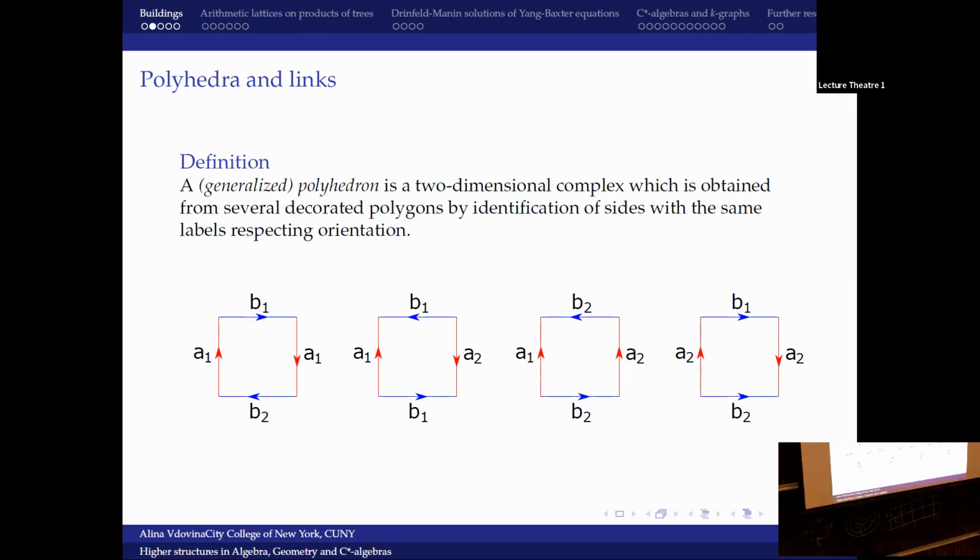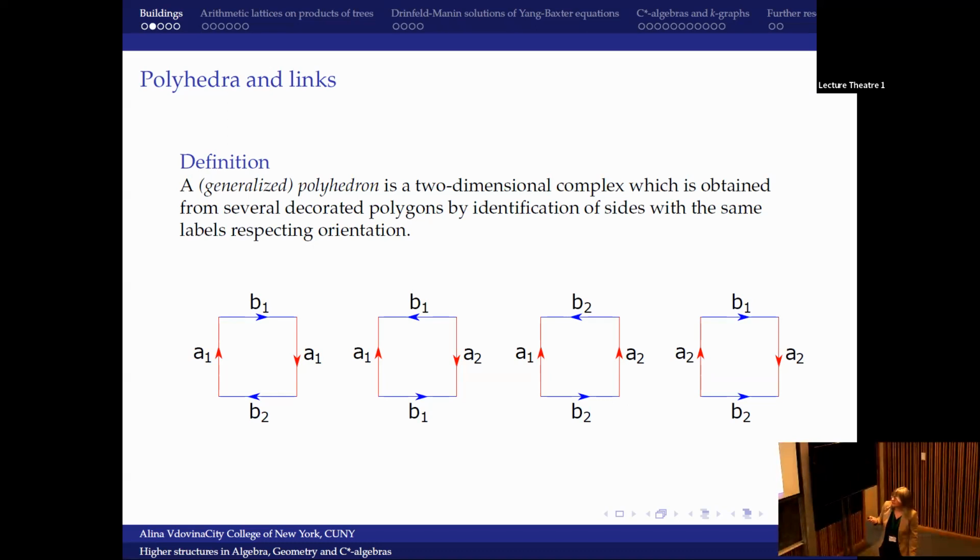And indeed, that's how I think about those polyhedra: the sides with the same labels are identified, and also respecting orientation. You need the orientations to match.